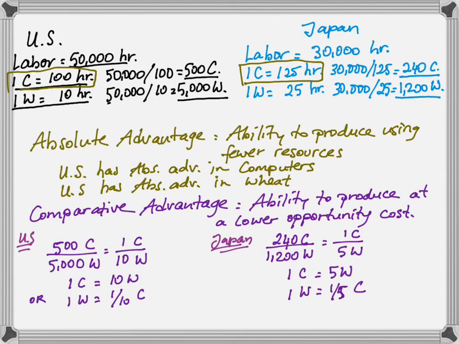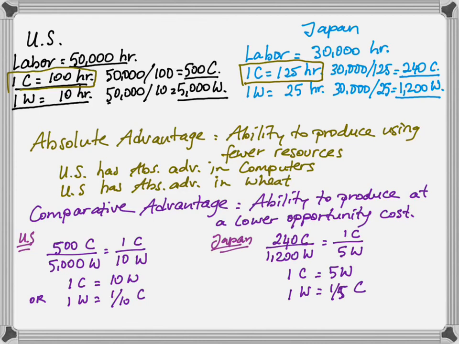In the United States, for 500 computers, 5,000 tons of wheat can be produced. So that means the cost of producing one computer is 10 tons of wheat. In other words, the opportunity cost of producing one computer is 10 tons of wheat.